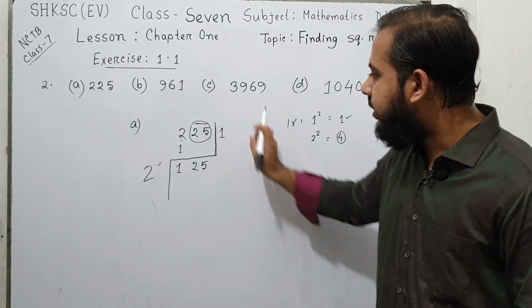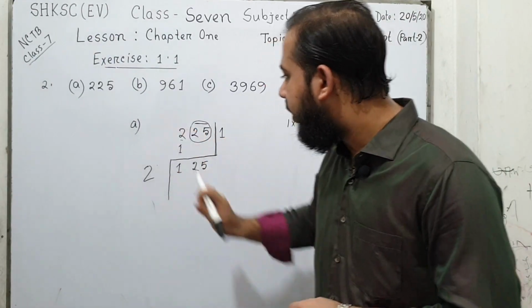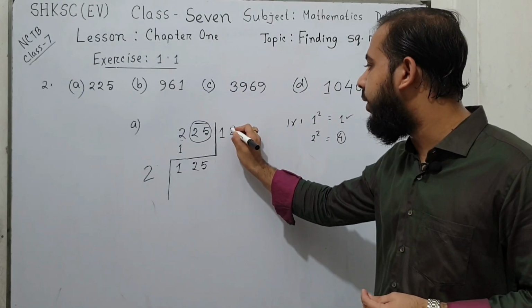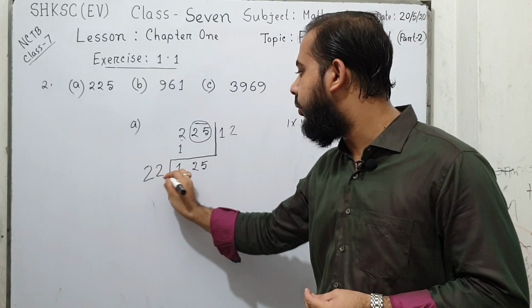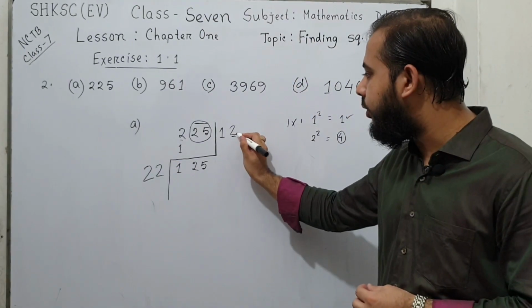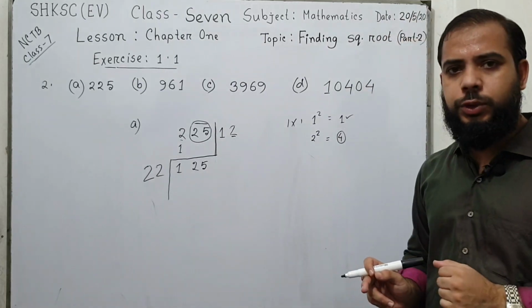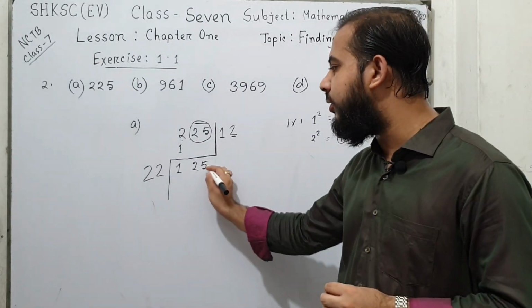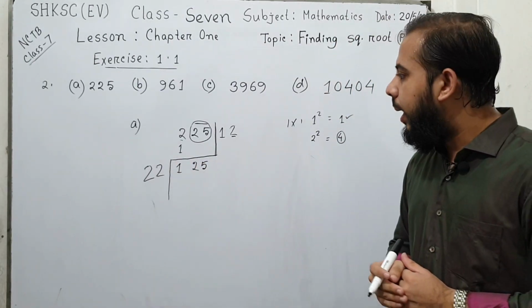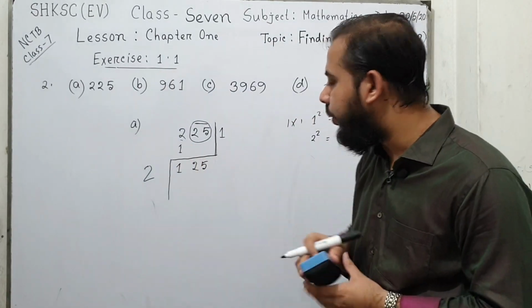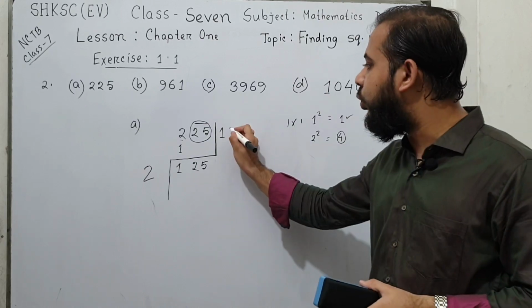So at first let's try 2 here. If we write 2 here, we have to write 2 also here. So 2 times 22 will be 44, which is not closest or equal to 125. So 2 will not work here. Now we have to try 3.